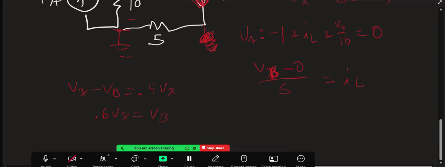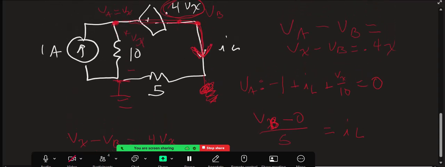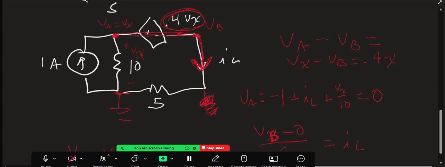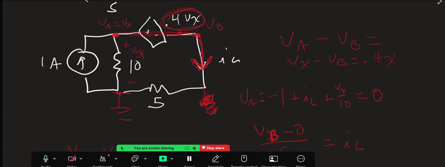For VA, you have like VA over R1 plus IL. Why do you have IL? Because that's the only way for me to get the current going out on this side right now.